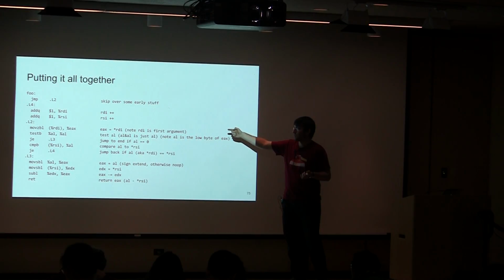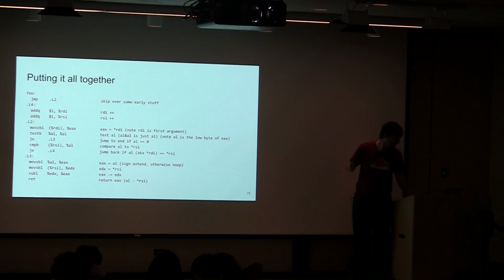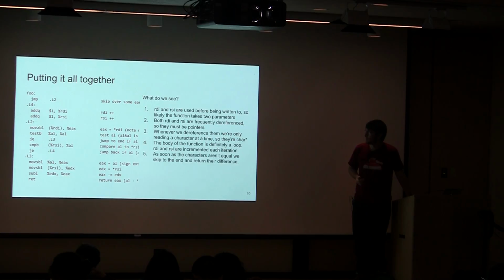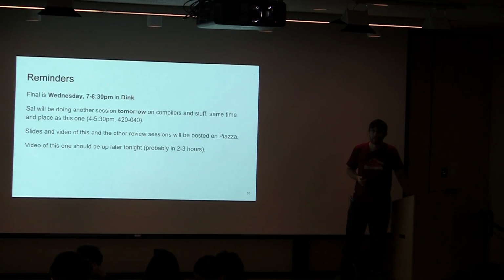The MOVZBL is doing the same thing, but it's zero extending instead of sign extending. Yeah, that's a good question, though. Thank you. So S for sign, B for byte, and L for 4-byte long. Okay, great.